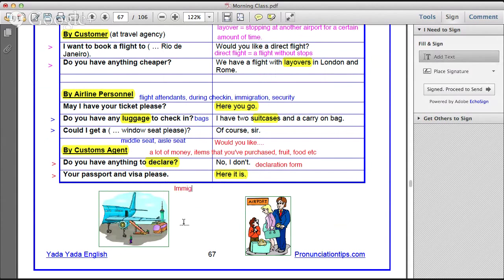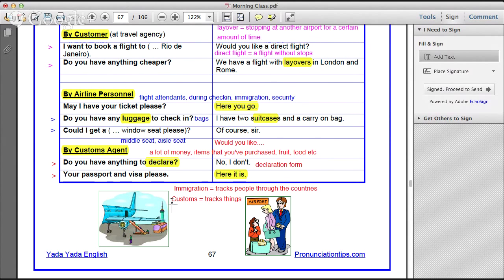You have immigration, and immigration tracks people through the countries. And then you have customs. Customs tracks things.